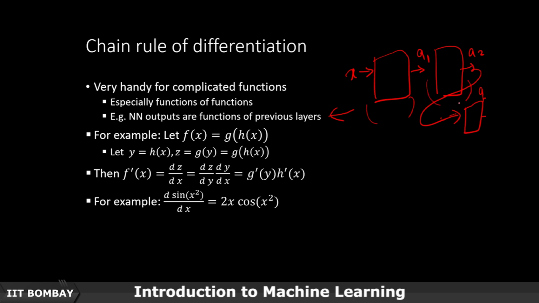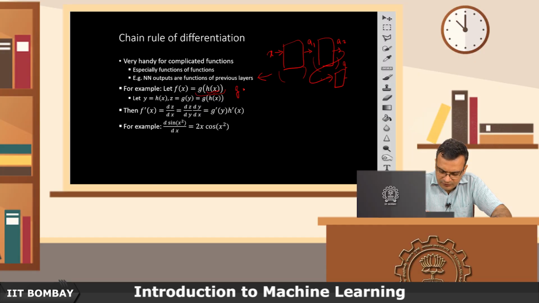So these are functions of functions, and the way you could write that is that your input is being operated upon by this function h, which is your first layer, and what comes out of h is given as an input to the function g, so h is nested inside g. So let's say your complete function f of x is a nested function g of h of x, right? It is also written as g with a circle, h with a circle of x.